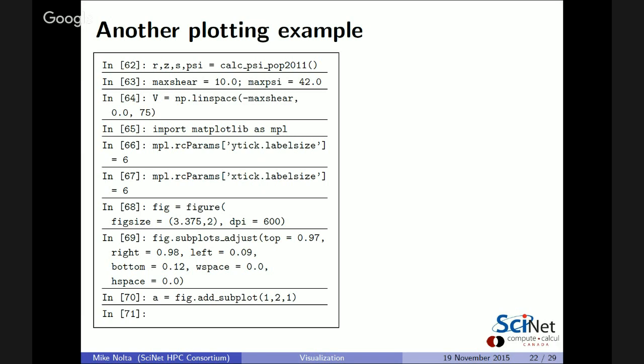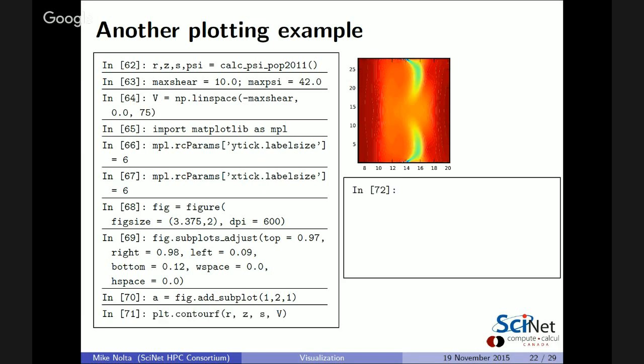Okay, so now I want to make one subplot. I'm going to make two panels. So add subplot 1, 2, 1. Work on the first panel. Now here to contourf, before I had 1 or 2 arguments, here I'm going to have 4 arguments. So now I'm going to specify everything.